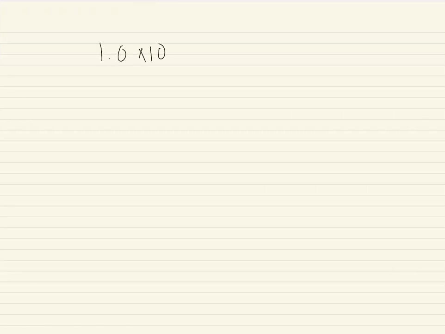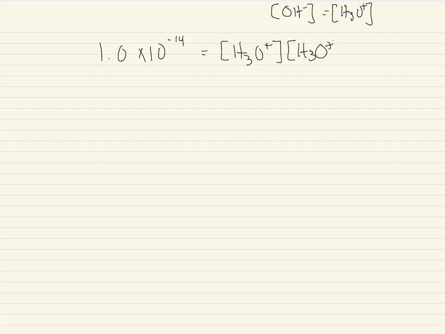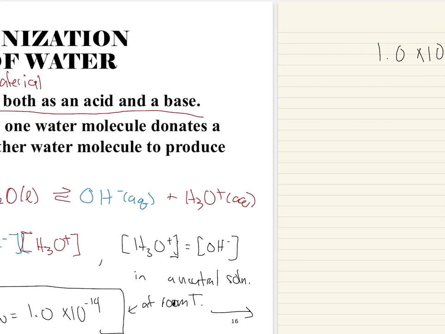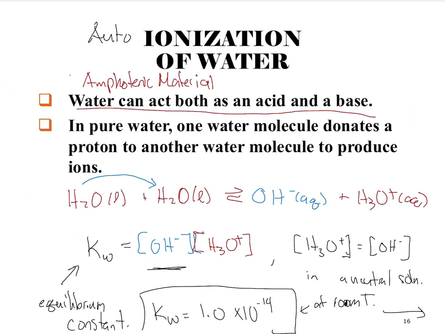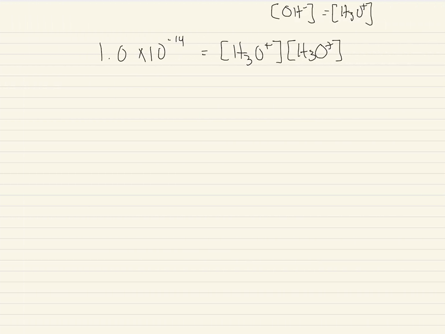So we have 1.0 times 10 to the minus 14 equals H3O plus times OH minus, and in a neutral solution OH minus equals H3O plus. So we replace OH minus with H3O plus. If those two things are equal, I can replace one variable with something that's equal to it.